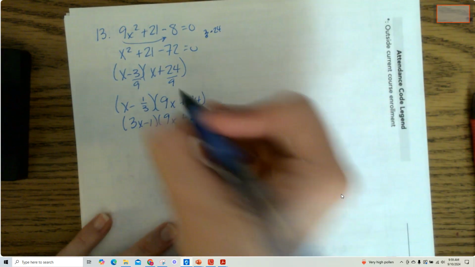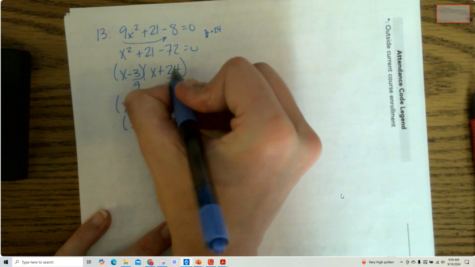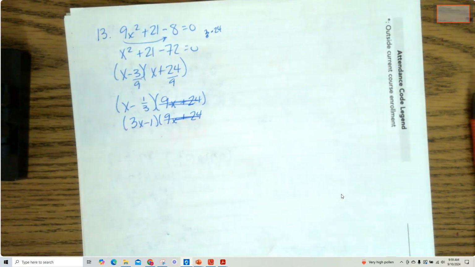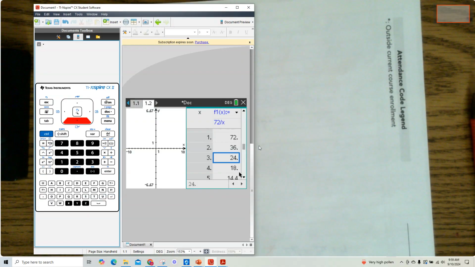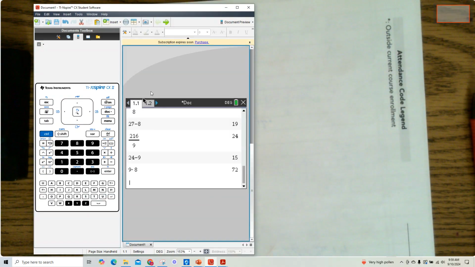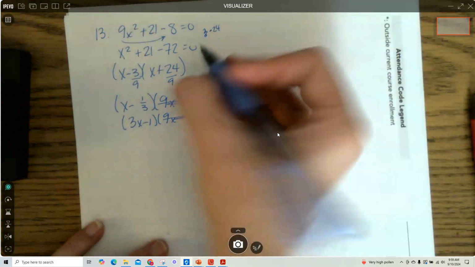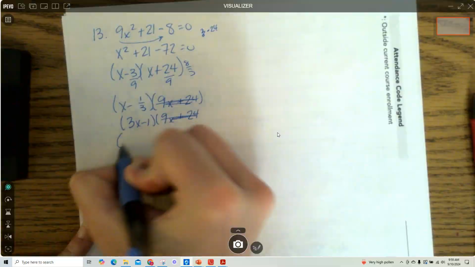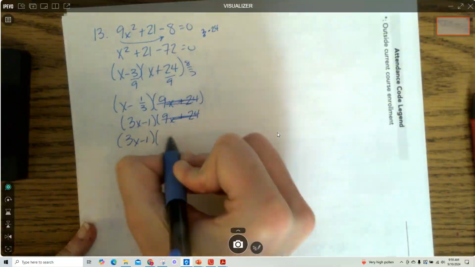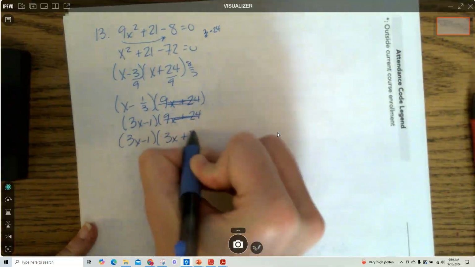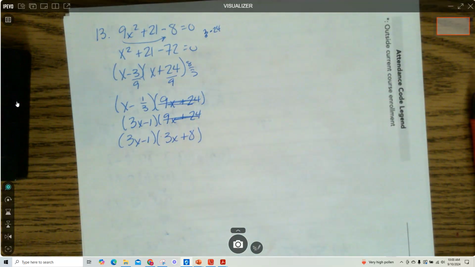It's not. Because 24 over 9 will simplify. No, it shouldn't. 8 over 3. 8 over 3. Oh. 8 over 3. So, what is that? 3x plus 8. Let me pause this.